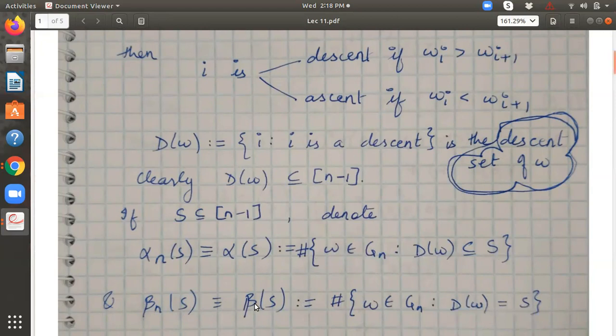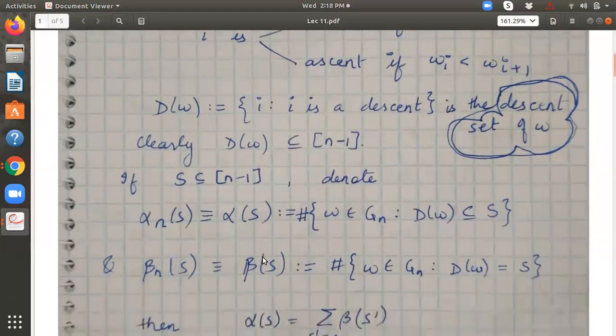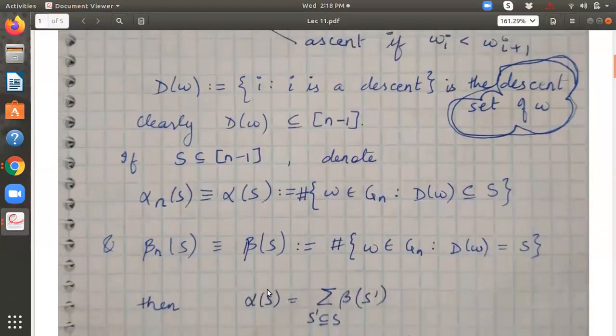So this way you will have different beta S, and when you collect all of these beta S's, you would have got the number alpha S. So that's what he's saying, and that's what we have written. So alpha S is nothing but the summation of beta S prime, where S prime is a subset of S.